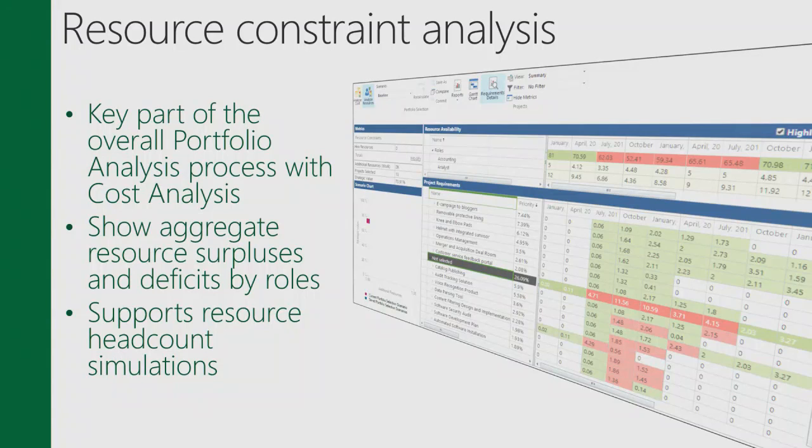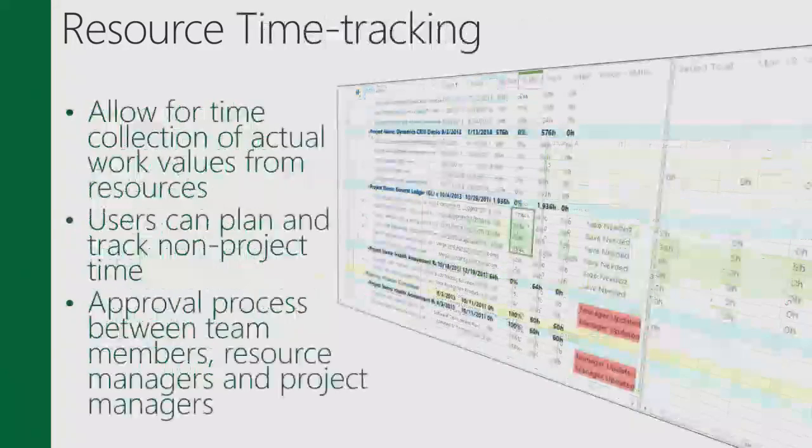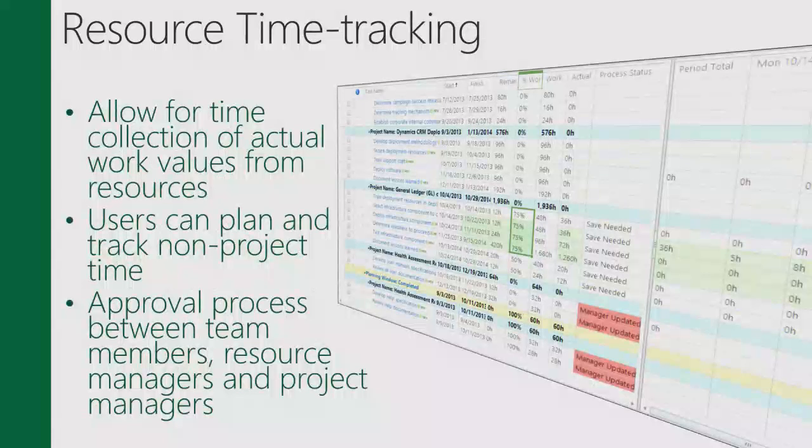And finally, the picture wouldn't be complete if I didn't mention the resources themselves. You might go up to tracking time for your resources and let them enter the time and enter actuals. But time tracking is not just about entering actuals.